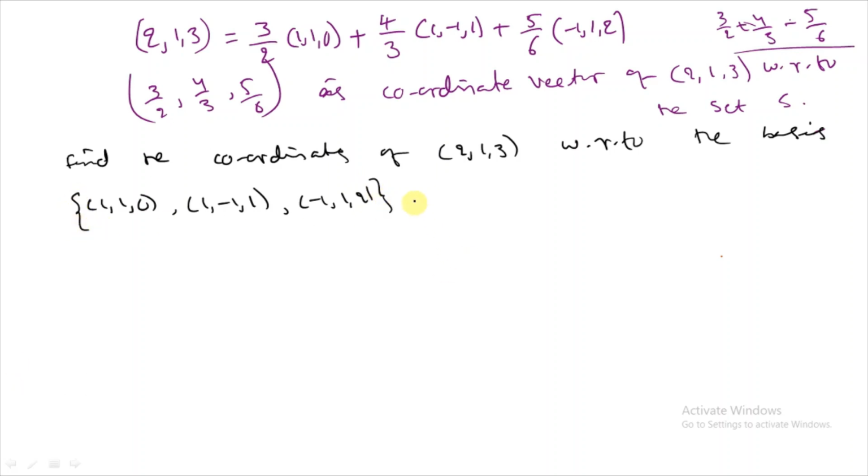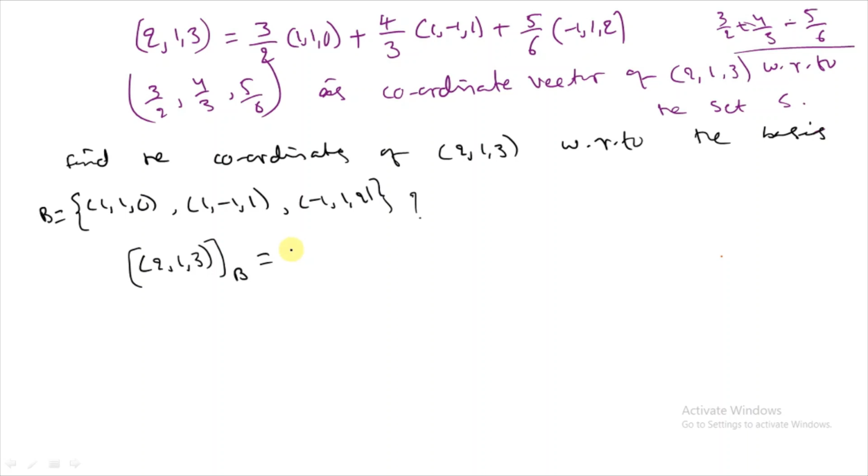So it's asking like this: find the coordinates of these elements with respect to the basis. What are the coordinates of (2, 1, 3) with respect to the basis? Suppose you take this basis. The coordinates with respect to this one you can write the same, and we'll get these coordinates.